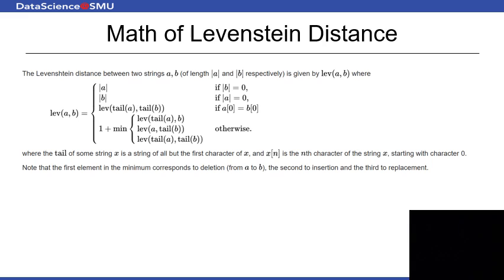Otherwise, if both strings are not 0, then we have some additional conditional logic where we're looking at strings character by character until they're not equal, and then determining if it is an insertion, substitution, or a deletion, and adding 1 for that.